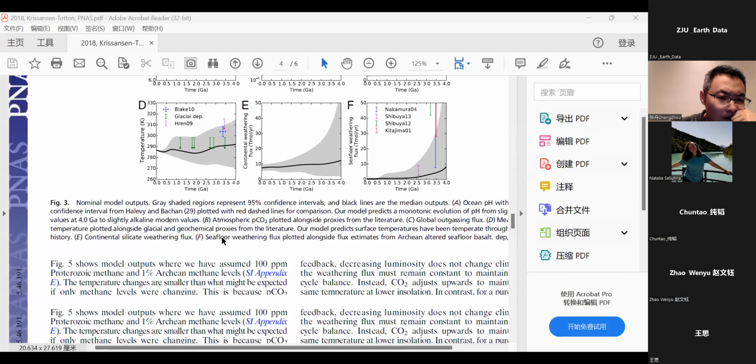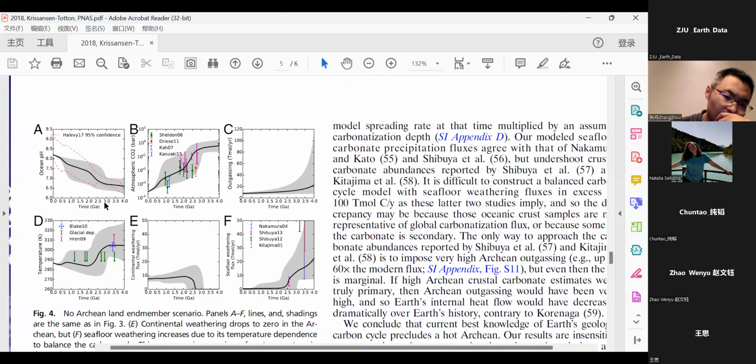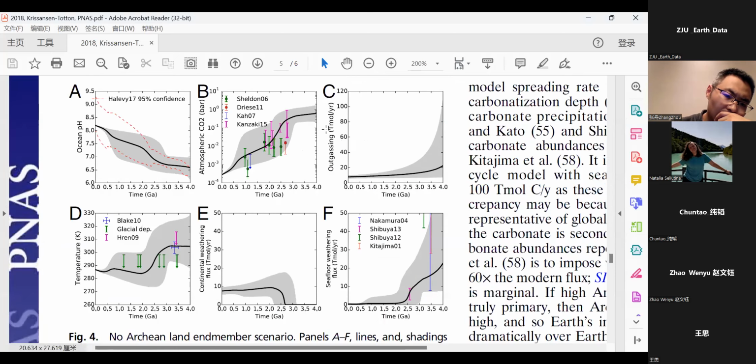Actually, these parameters have a relationship between temperature, pH, and also carbon dioxide. So we just use the model to calculate this. I think this is the carbonate and silicate weathering model.